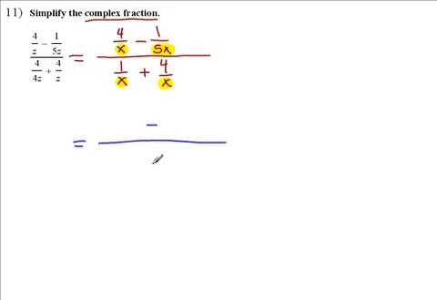In order to force this to have a 5x, what do I have to do to the top and the bottom? Multiply by 5. So that makes this fraction 20 over 5x. This fraction already has a 5x on the denominator, so we're good to go. This one I need to multiply by 5. That gives me 5 over 5x. And this one I need to multiply by 5. That gives me 20 over 5x.